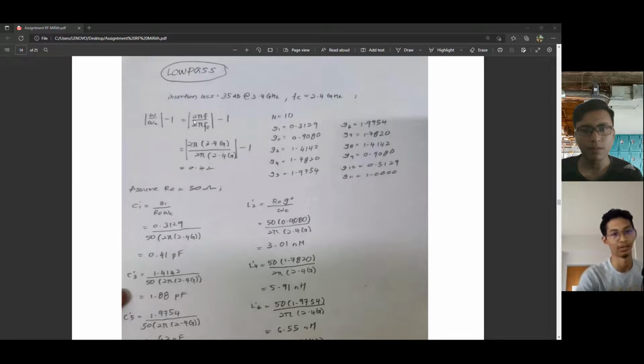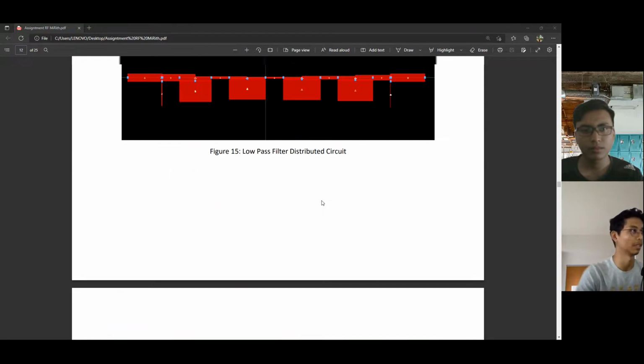We need to find the value of n. So we use the attenuation table again versus normalized frequency for a maximally flat filter. From that graph, we get n, and the values G1 until G11 are given from this table. I will show you the table.